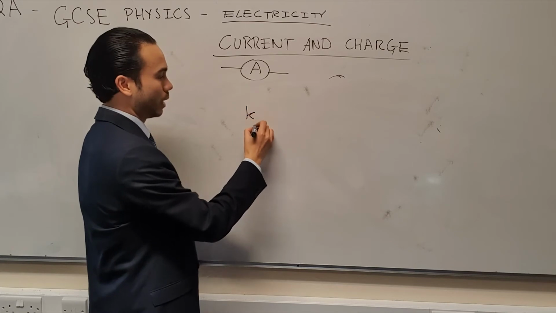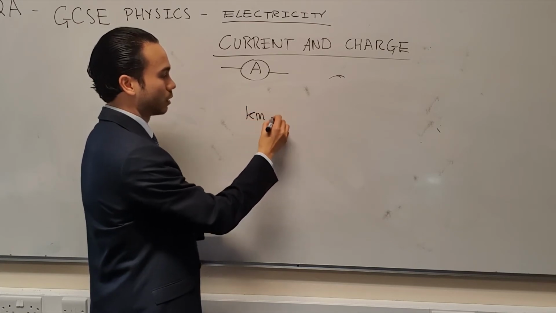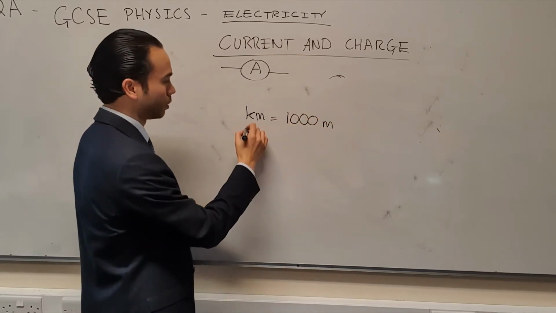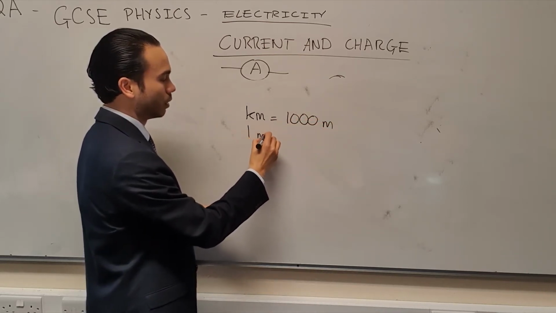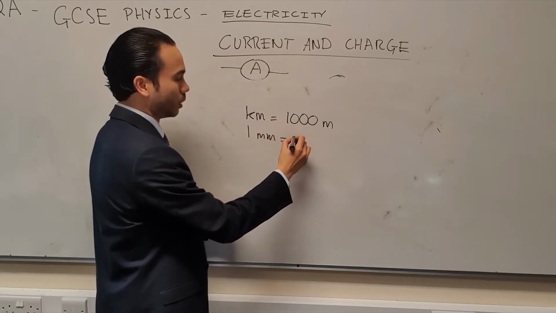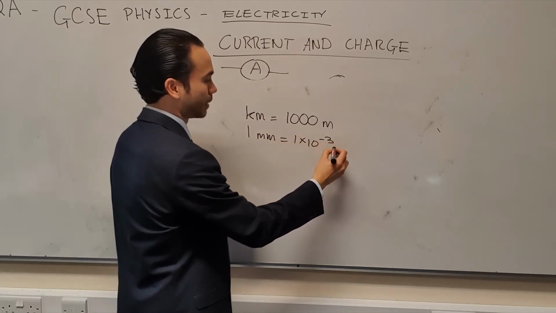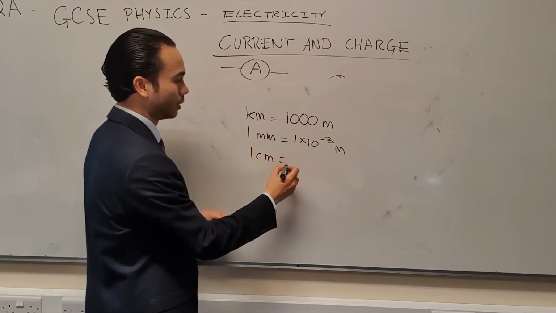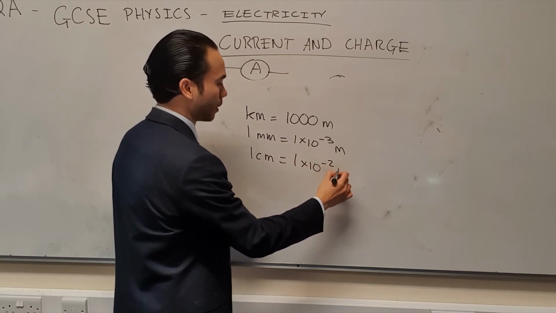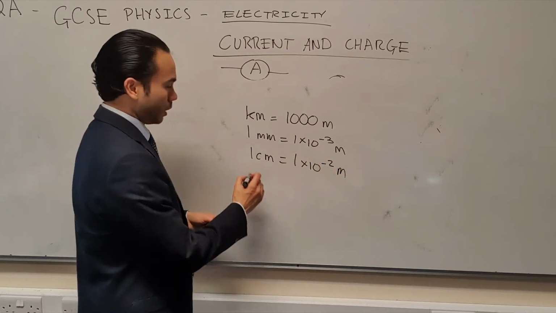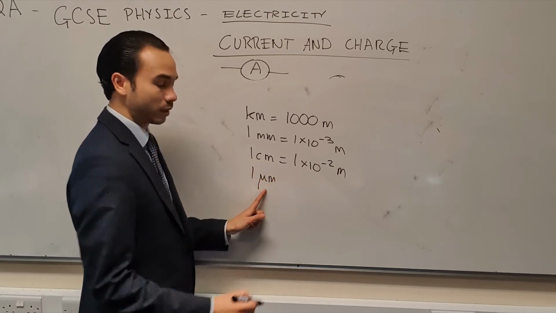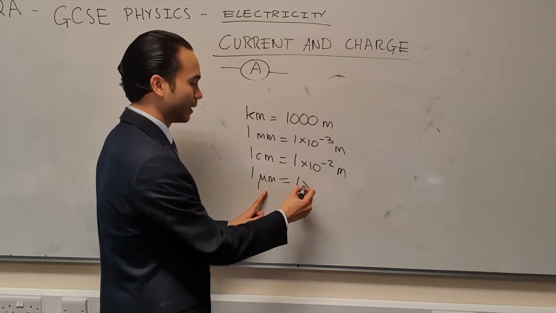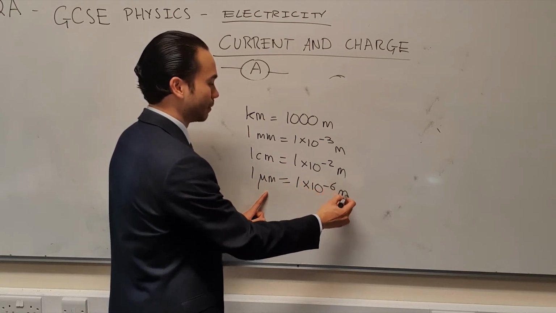So, a kilometer is equal to 1,000 meters. 1 millimeter is equal to 1 times 10 to the minus 3 meters. 1 centimeter is equal to 1 times 10 to the minus 2 meters. Sometimes you might see this symbol here, which stands for a micrometer. It's like a weird U. It's 1 times 10 to the minus 6 meters.